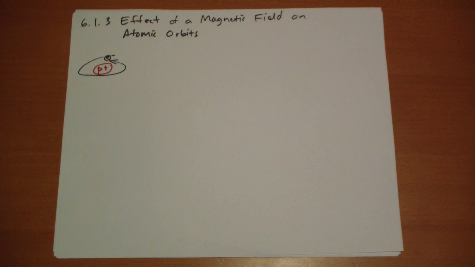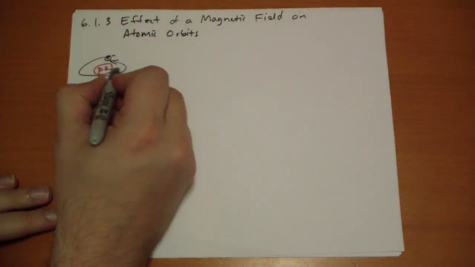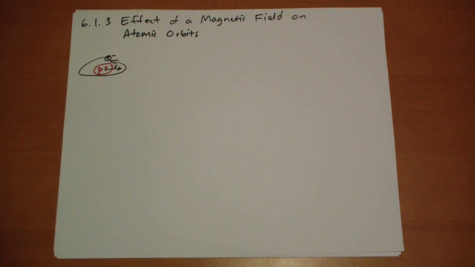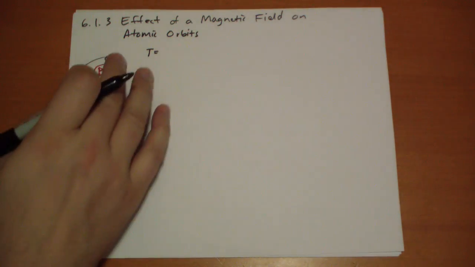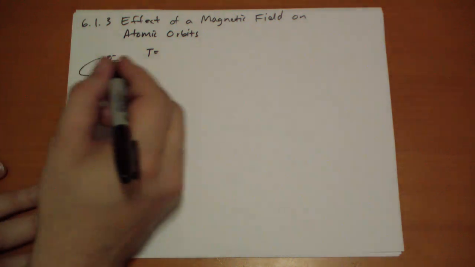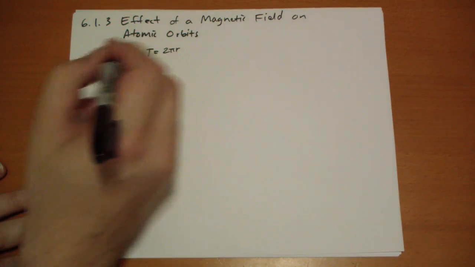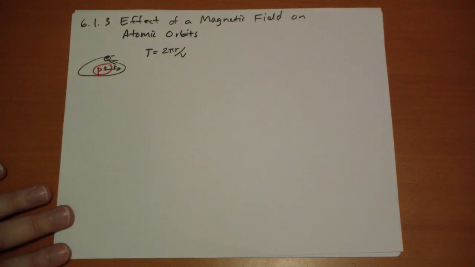We're going to say that the electron spins at an orbit of radius r. It's a circular orbit. The period, that's the time it takes to traverse one loop, is going to be 2 pi r, that's the distance it travels, divided by v, the magnitude of the velocity. Obviously, the direction is constantly changing.